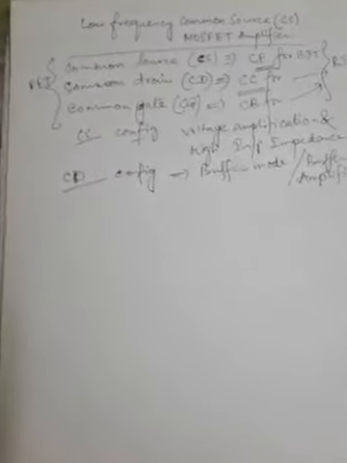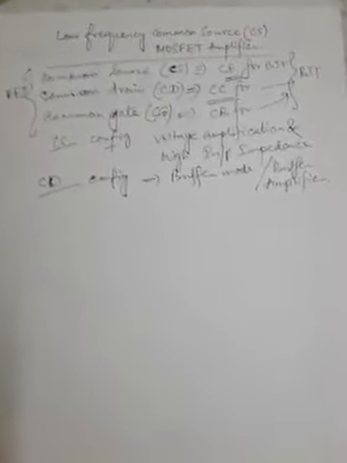It is the transparency of a device, offering the same output, a replica of the given input. That buffer operation can be observed in the common drain amplifier.